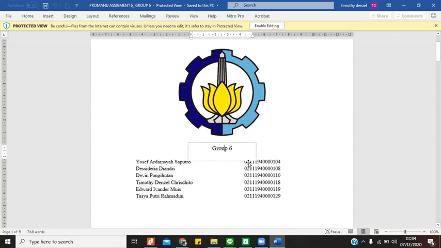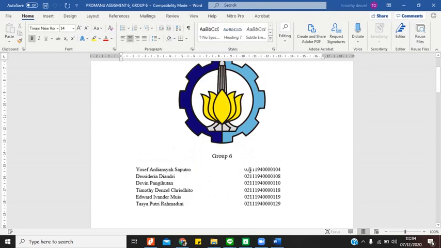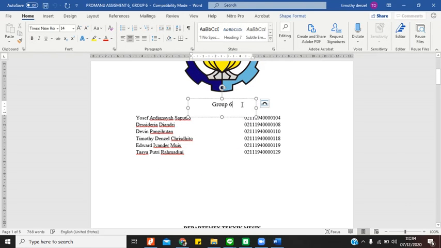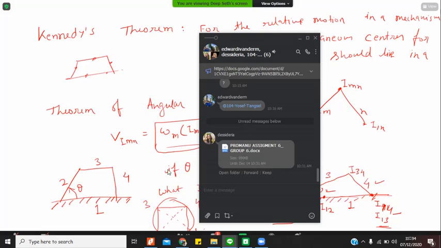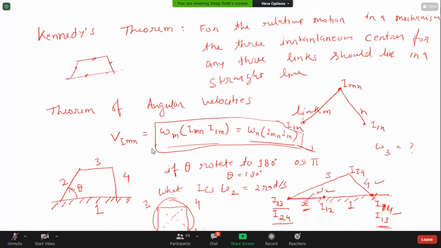Okay, now let's say one more thing is given, that omega 2 is equal to, let's say, 2 radians per second. Omega 2 is given. I want to know what is omega 3. This is my question. So we will just use this formula.